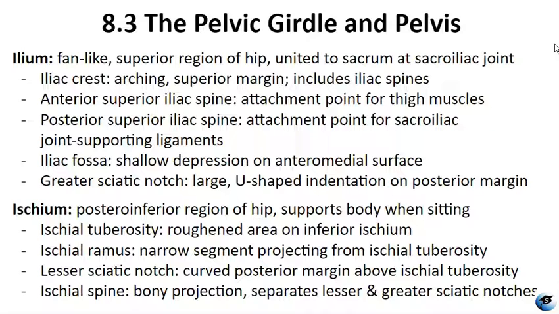Its roughened area, the ischial tuberosity, bears weight when seated, while the ischial ramus, a narrow segment, extends from it. Above the tuberosity lies the lesser sciatic notch, and separating the greater and lesser sciatic notches is the ischial spine, which is a distinct bony projection.